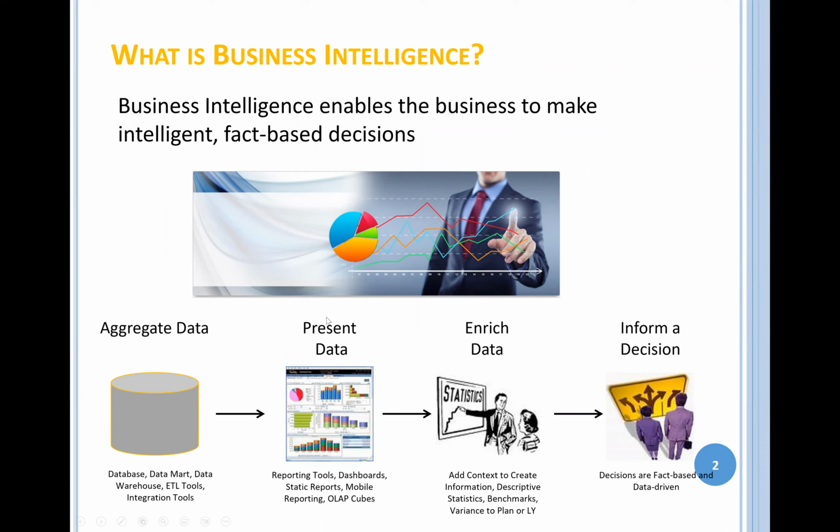After that, we present the data in the form of data visualization, like the dashboards we create. After that, the business people, based on these statistics and business data, will analyze it and take a decision accordingly. This is what business analytics is, and the business teams take decisions. So this is the process of business intelligence.